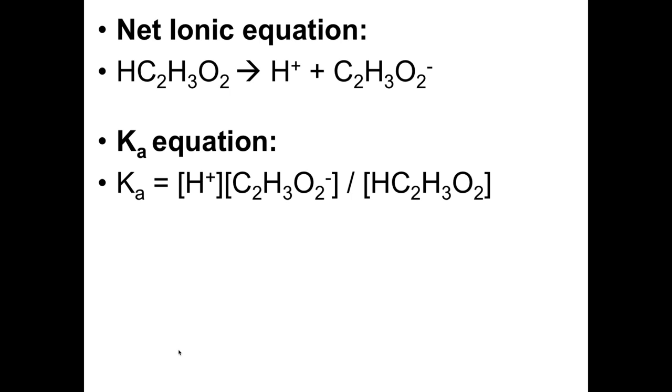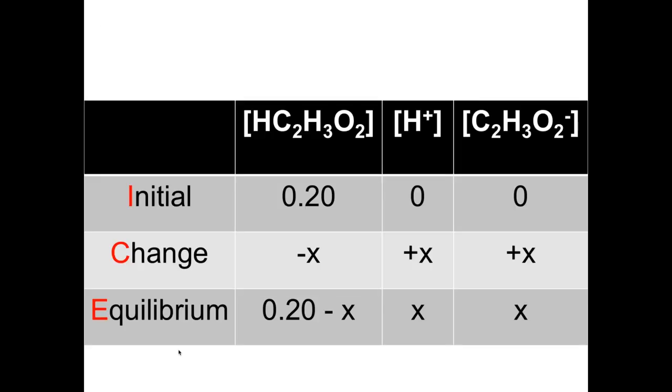Okay. So when you do the net ionic equation, the acetic acid is going to break apart to get H plus and C2H3O2 minus, and the Ka equation is going to be the concentration of H plus multiplied by the concentration of C2H3O2 minus divided by acetic acid. The initial concentration is going to be 0.20. This is 0, this is 0. We have minus x, we have plus x, so that your equilibrium will look like this.